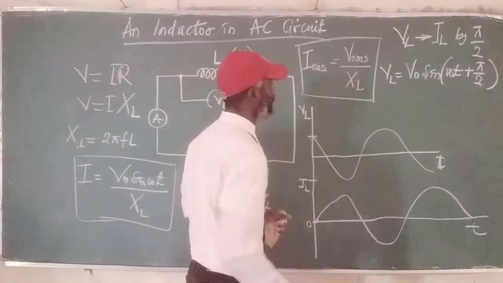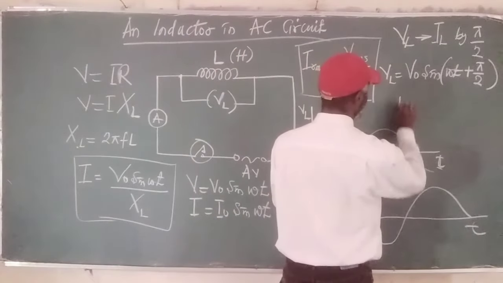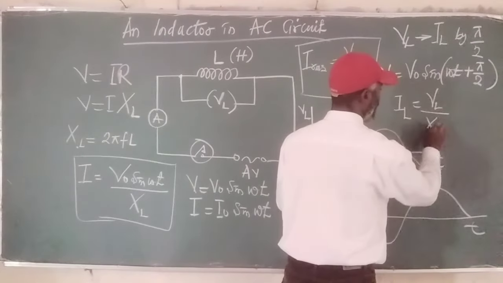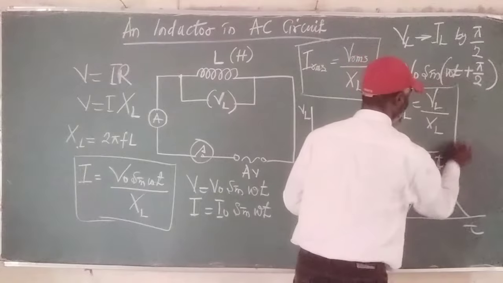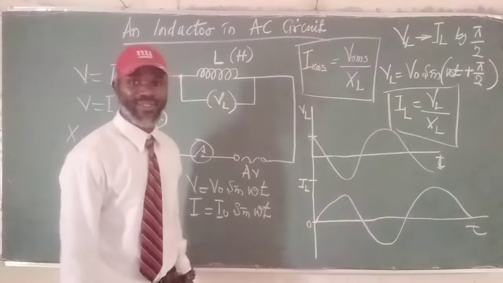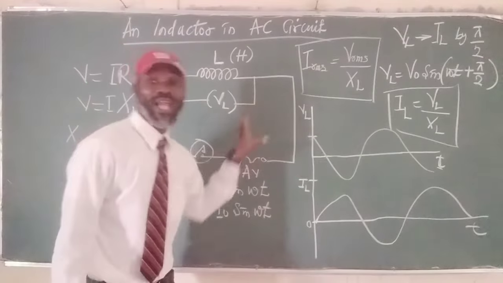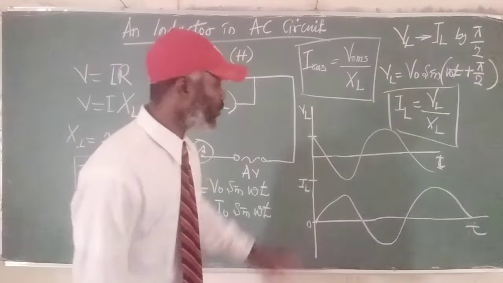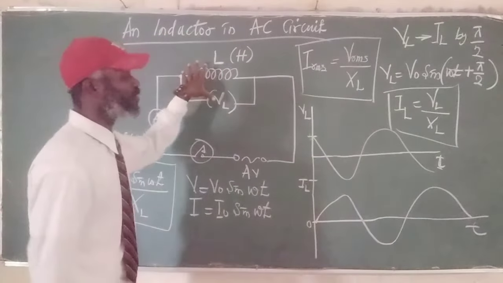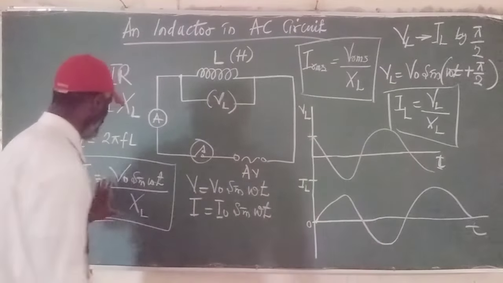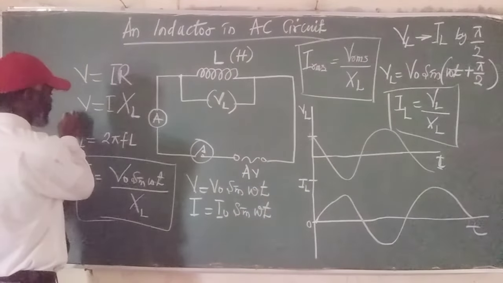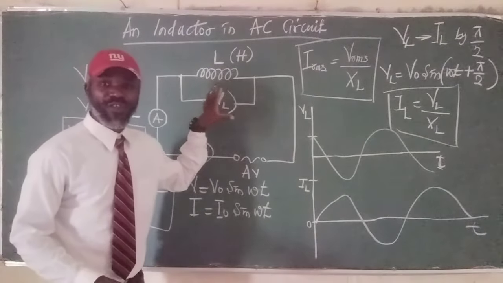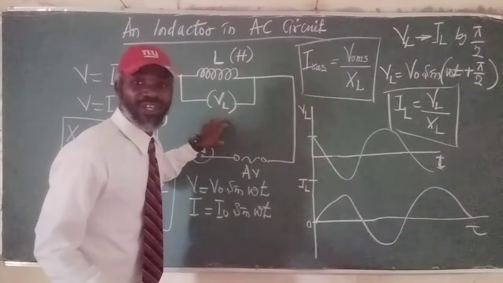So we can now redefine the current as IL equal to VL over the reactance. We're making progress. That's what happens when an inductor is connected in an AC circuit. First, we define the inductive reactance, which gives the value of opposition offered in the circuit.